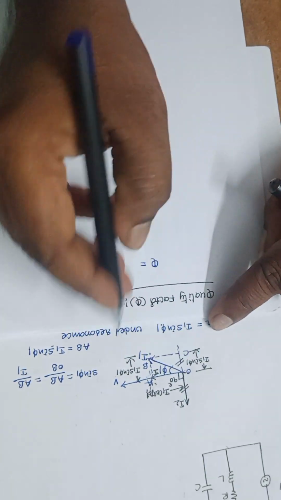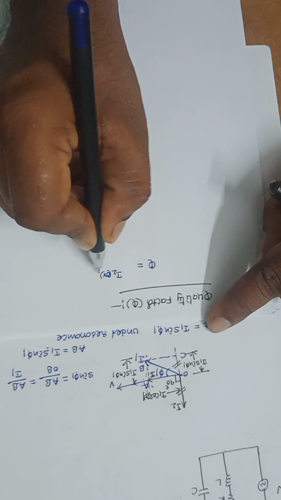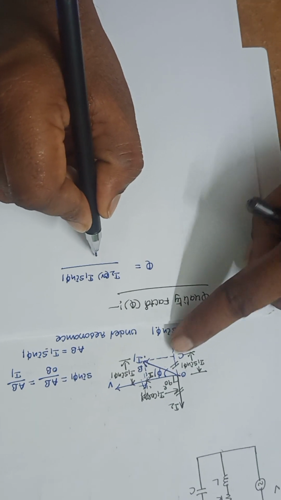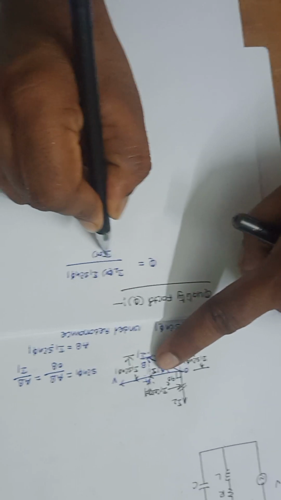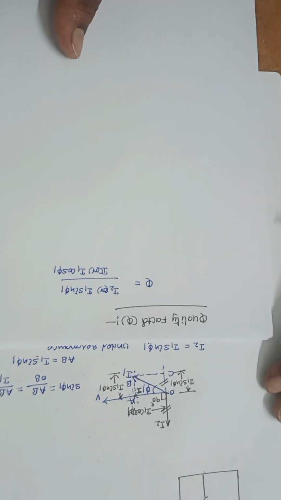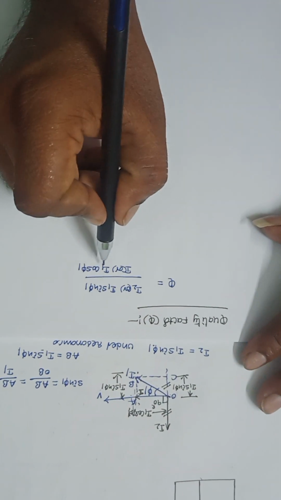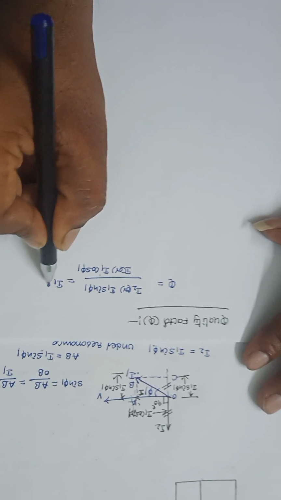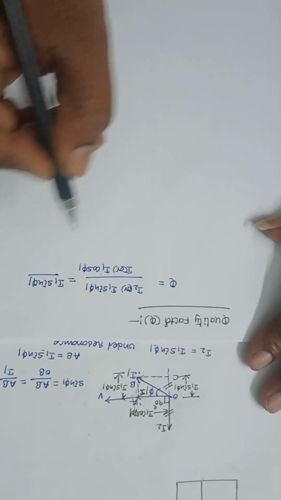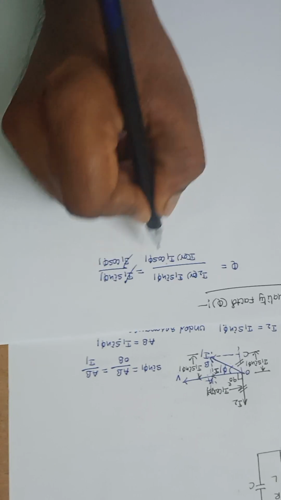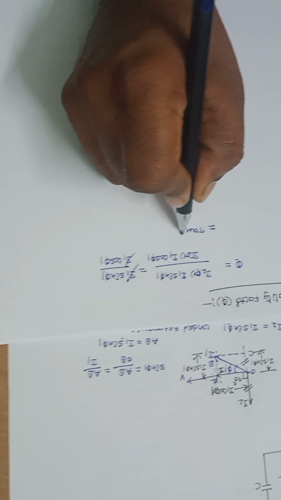Either it is I2 or I1 sin phi 1, divided by the active component I, which is I1 cos phi 1. If I write it as I1 sin phi 1 divided by I1 cos phi 1, this I1 will get cancelled, it is tan phi 1.